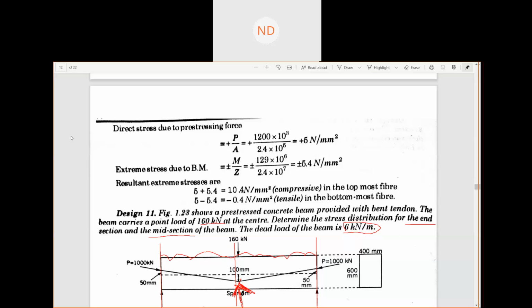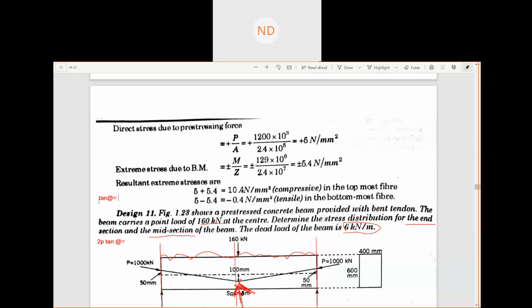So our upward thrust is 2P tan theta. First of all, calculate the tan theta. What is your tan theta here in this case?